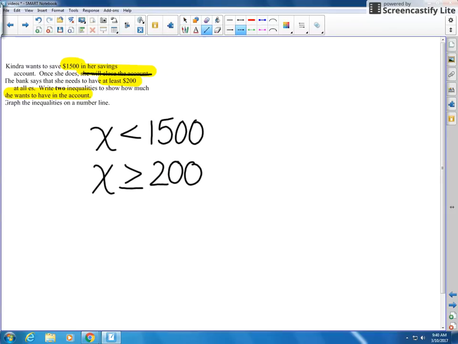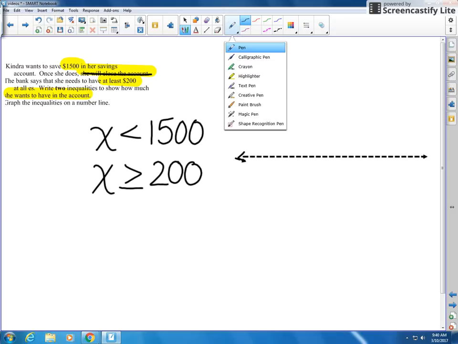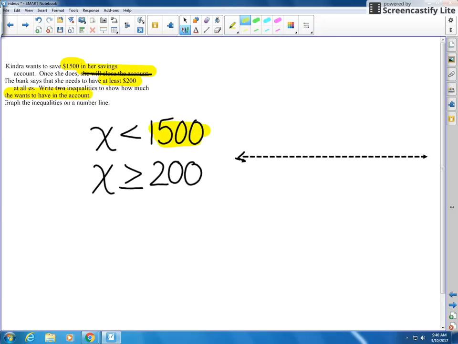Now, to do my number line again, I'm going to take my number line. I actually have arrows on both sides. And I know I am going to want to graph the numbers 1,500 and 200. Now remember, the important thing is my number line must go up by even amounts.